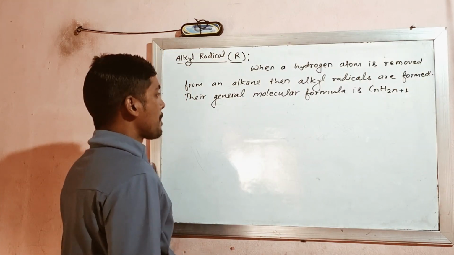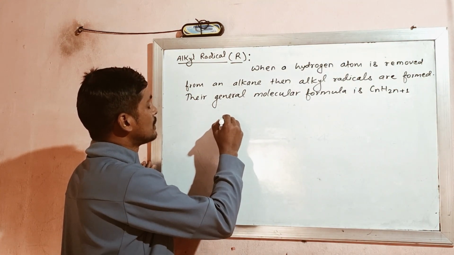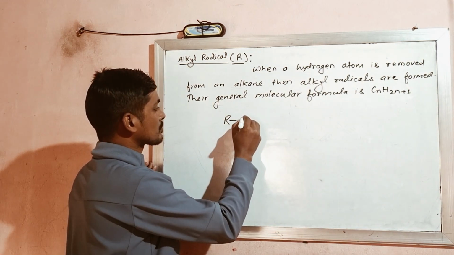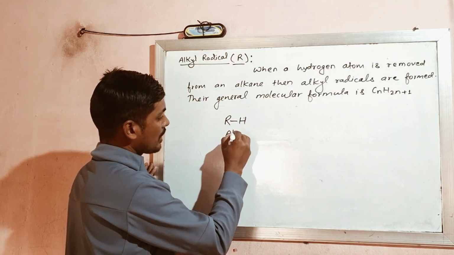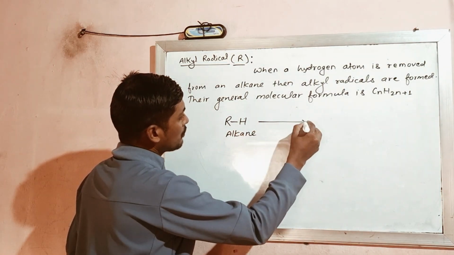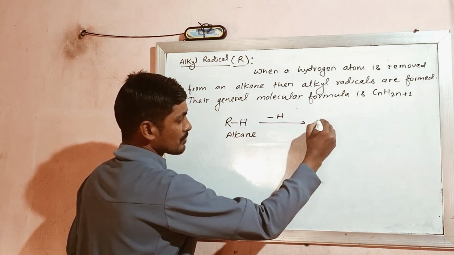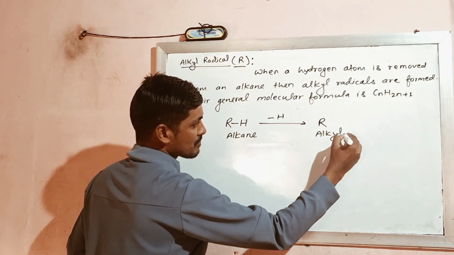Suppose there is an alkane. Alkanes are generally like this, RH. When one hydrogen atom is removed from this alkane, then what is formed? R is formed, that is, alkyl radical is formed.